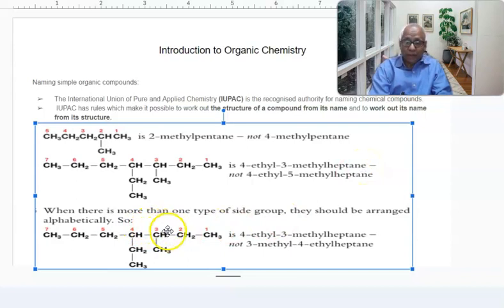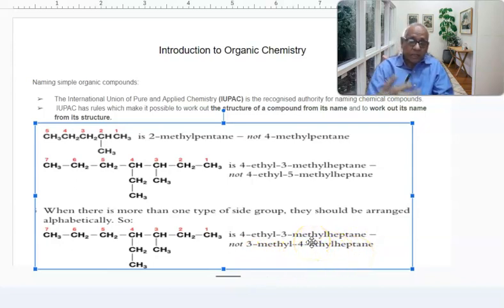Similarly, we go for here. Now we see that you have another example of naming of hydrocarbons. So here we again count the number, and it is 7 in number, is it not? And therefore we call it 4-ethyl 3-methyl heptane, not 3-methyl 4-ethyl heptane.